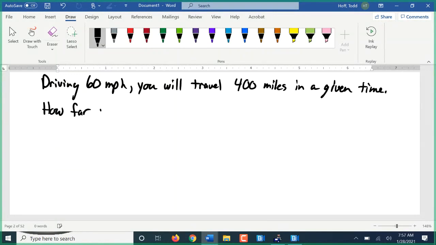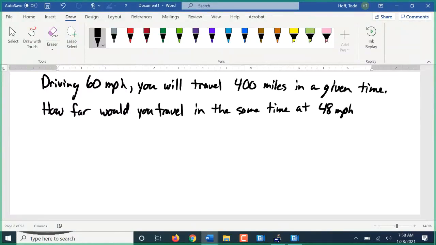How far would you travel in the same time at 48 miles per hour?